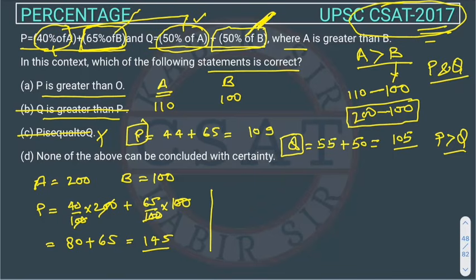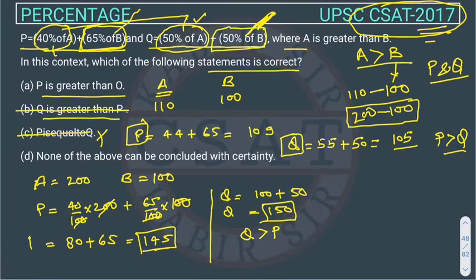And what will be the value of Q? 50% of A, which will be 100, plus 50% of B, where B is 100, so 50% of B will be 50. So Q is 150. Here we are getting Q greater than P, because P is 145 and Q is 150. So this we can also cancel.